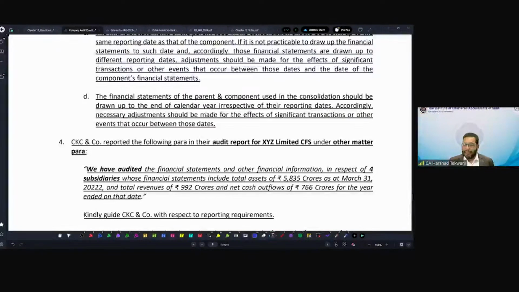This much paragraph is given. What is missing over here? Come on, guys. I expect this is a straightforward question.